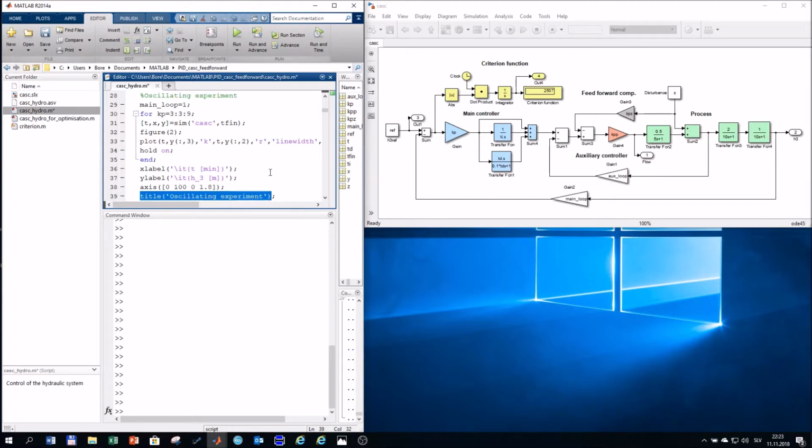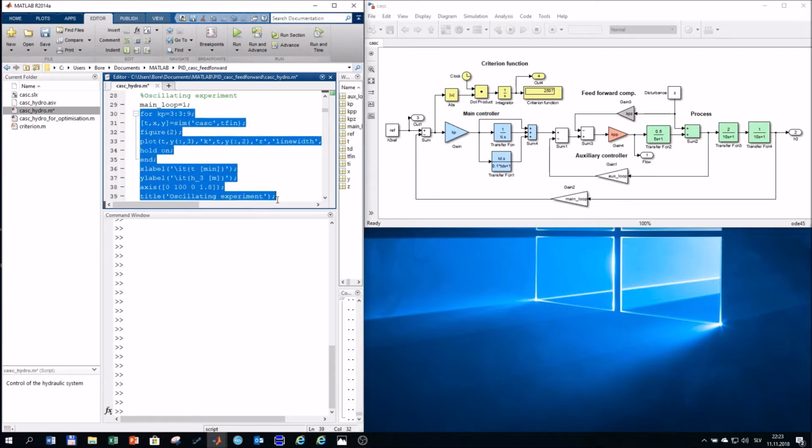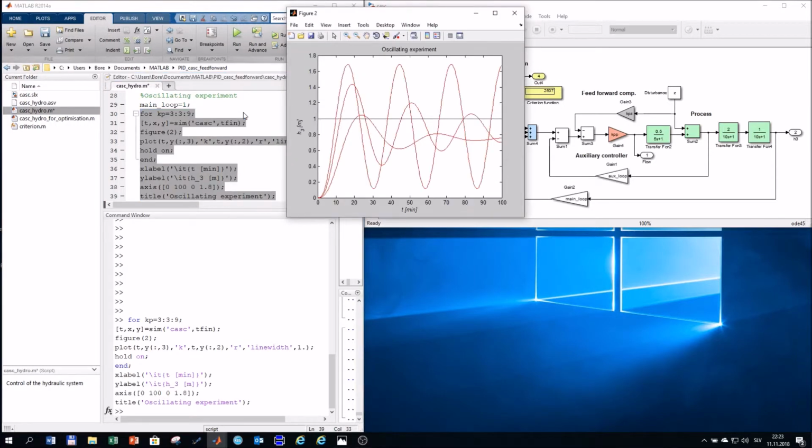If we want to execute this part of the program, we select this part and press F9. And so we obtain this level course for the gain 3, for the gain 6, and for the gain 9.